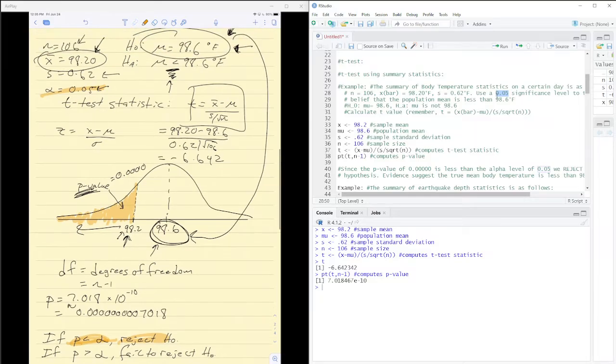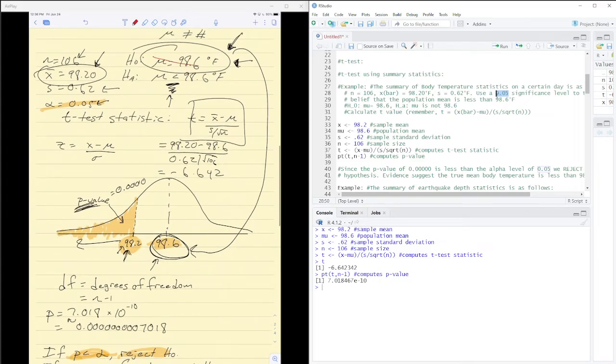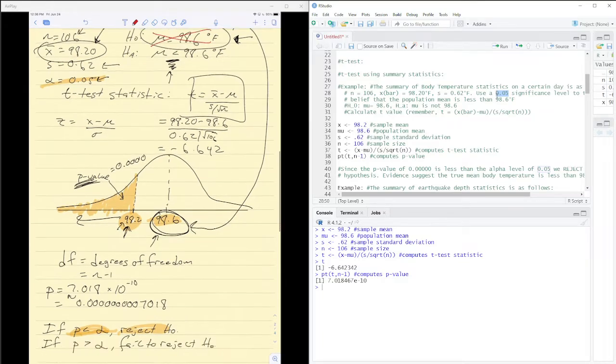We're saying that if there's a less than 5% chance of the mean being less than 98.2, assuming the population mean is 98.6, that's so unlikely to happen by random chance that we don't actually think this initial claim is true. It's so low for it to happen by random chance that we think this is not a true statement.